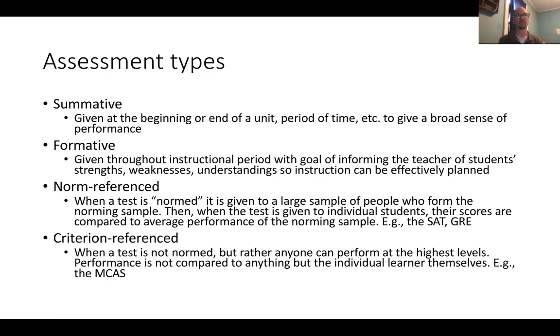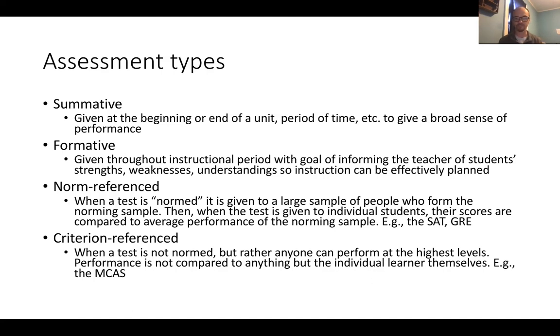And so this individual performance can then be located on a percentile. 50th percentile means you've done about exactly the same as the average person in that norming sample. 90th percentile means you've done better than 90% of the people in that norming sample. 10th percentile means you did better than only 10% of people in that norming sample. So when you're norm referencing, in order for someone to do well, someone else must do poorly.